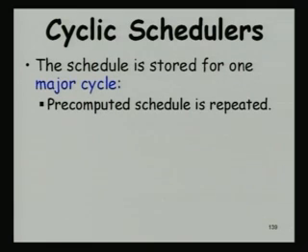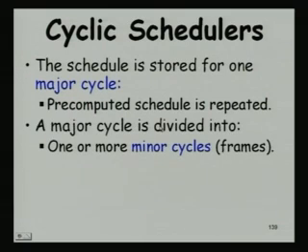And here we have a major cycle which repeats, and the schedule is required to be computed for the major cycle, and this schedule is repeated. But a major cycle is divided into minor cycles or frames.